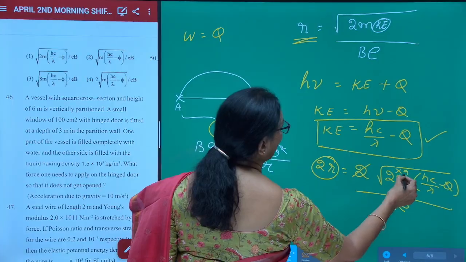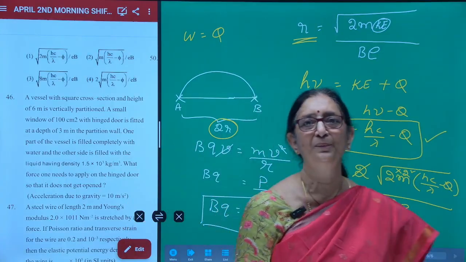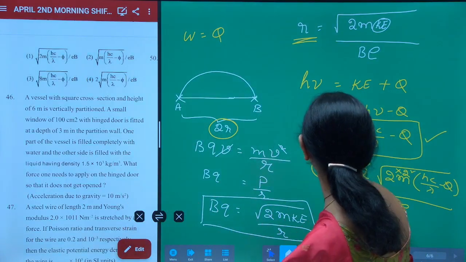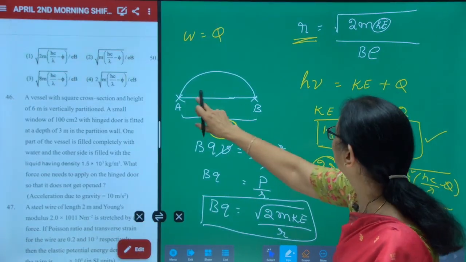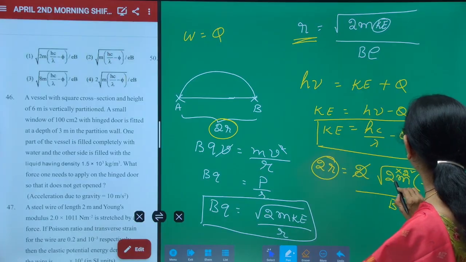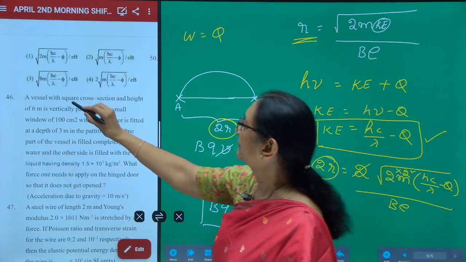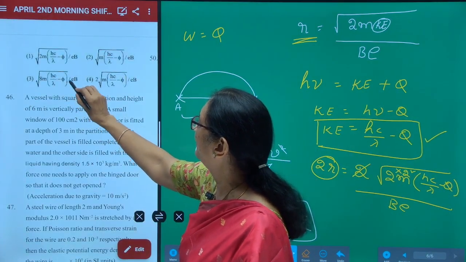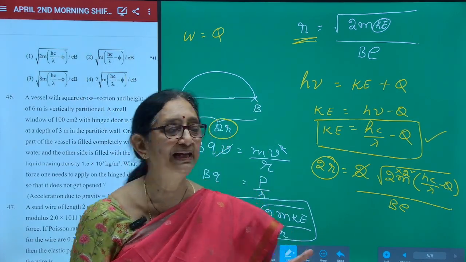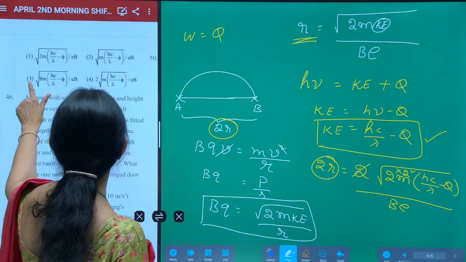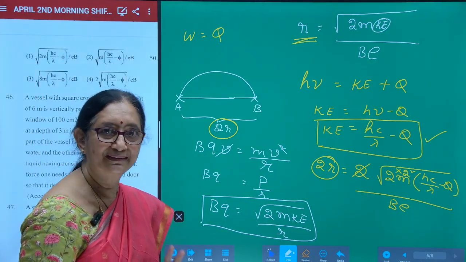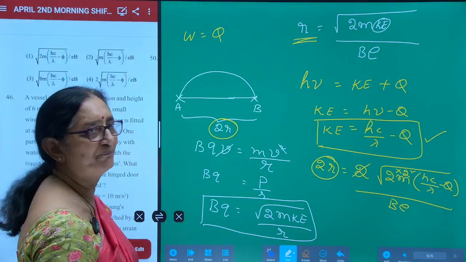So, when it is taken inside, the square root 2 becomes 2 square. So, altogether the distance between A and B is square root of 8m Hc by lambda minus phi divided by Be. So, this is the correct option. 3 is the correct option for that problem.